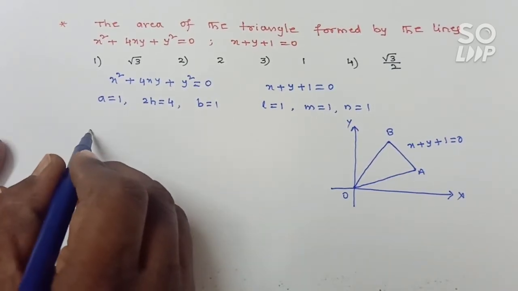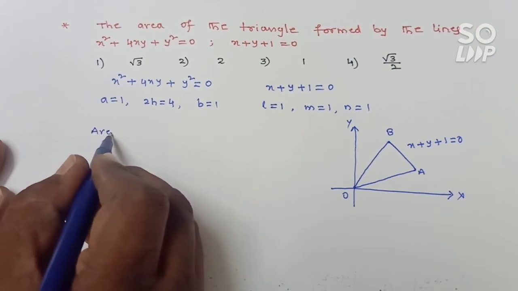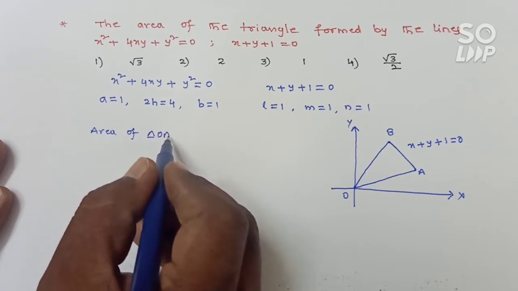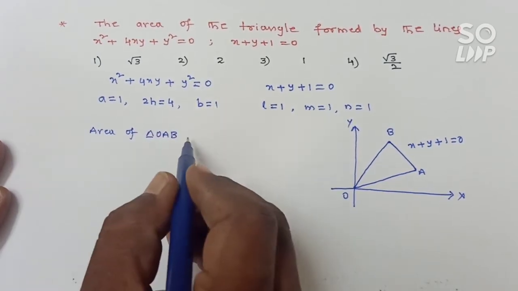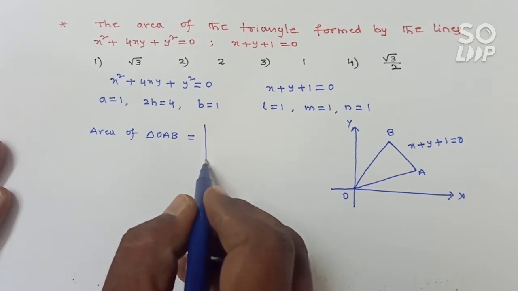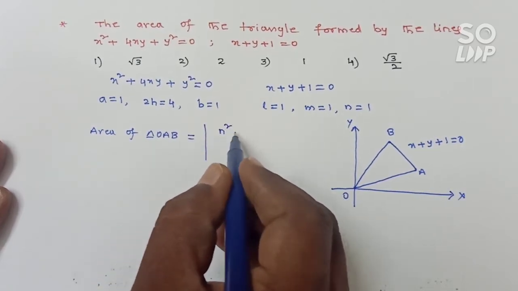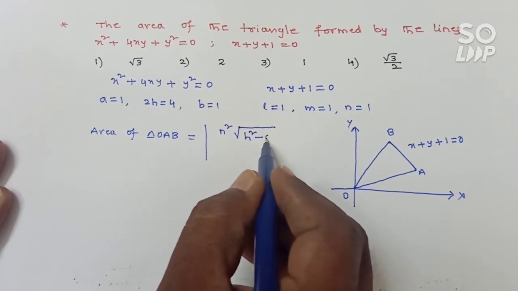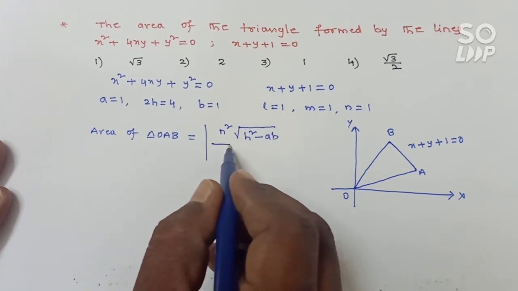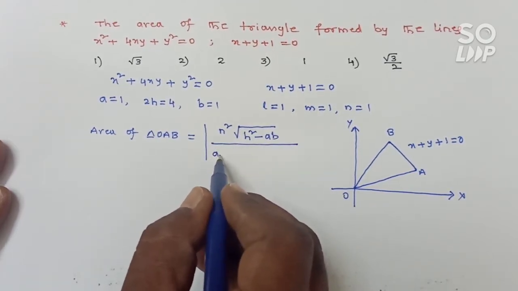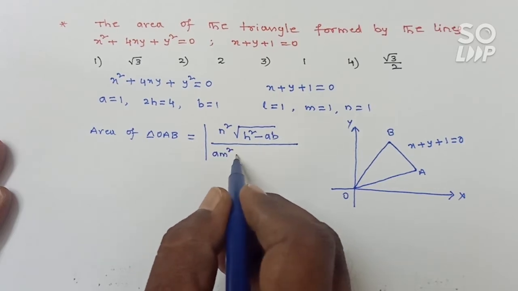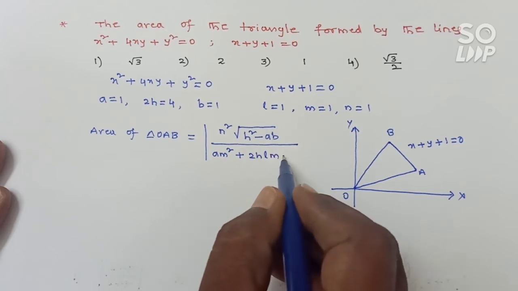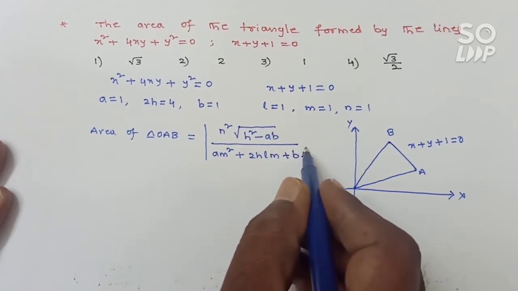So here is the area of triangle OAB. The area of triangle OAB is equal to modulus of n square into root of h square minus a into b, whole divided by a into m square plus 2h into l into m plus b into l square.